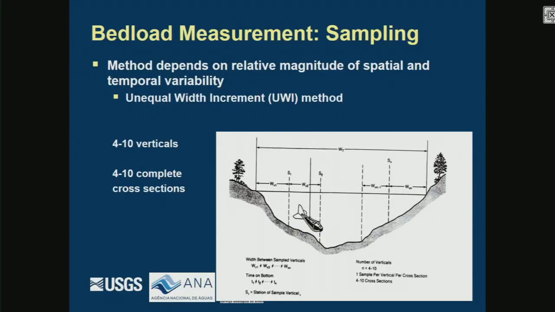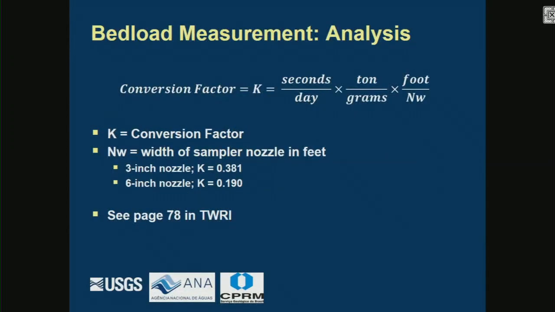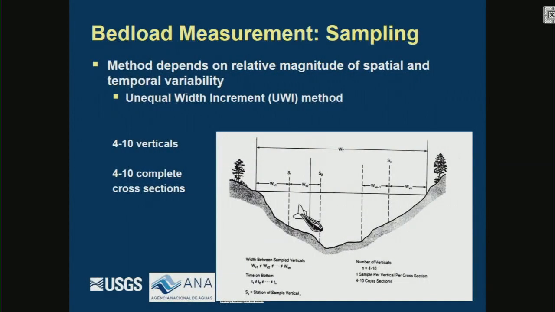And here's an example of unequal width increments. This is where you have a large part of the river where nothing is moving on the bed, and you confirm that with your field note that you lowered the samplers, but all the action's over here.